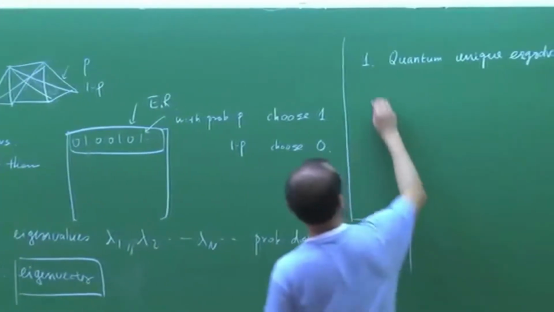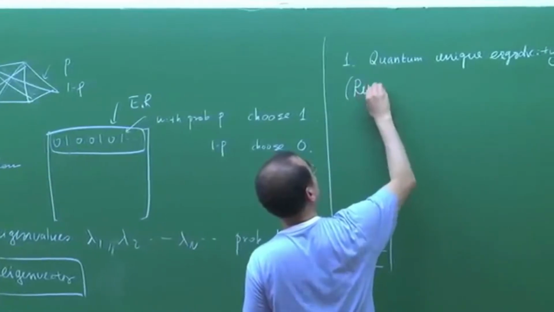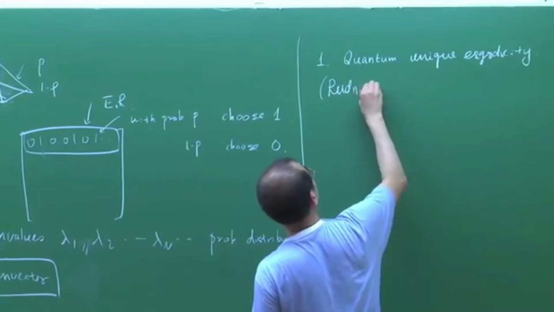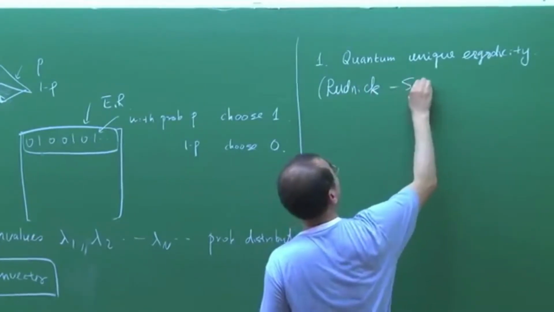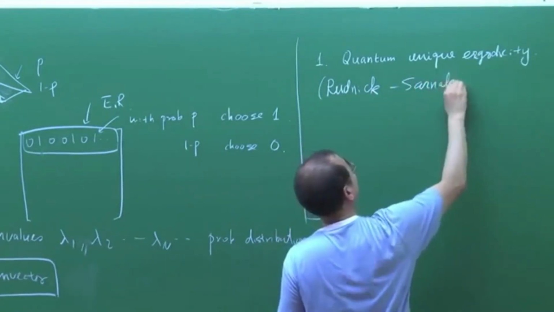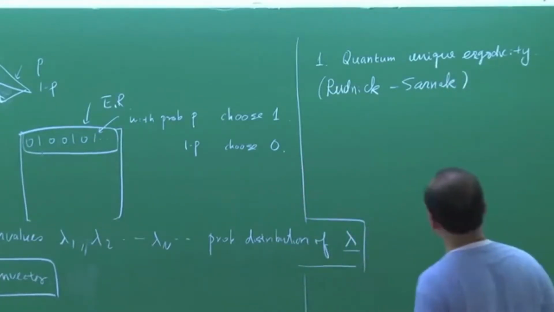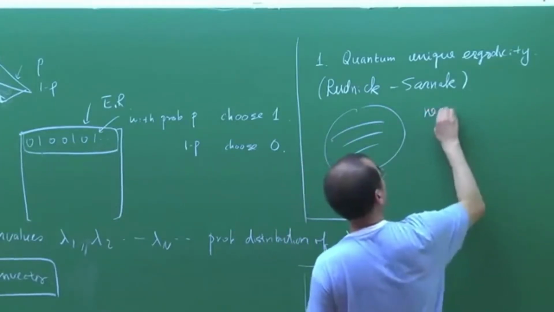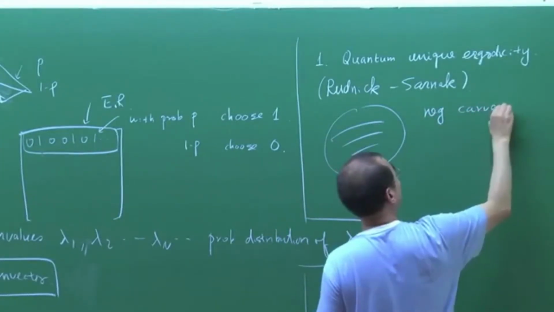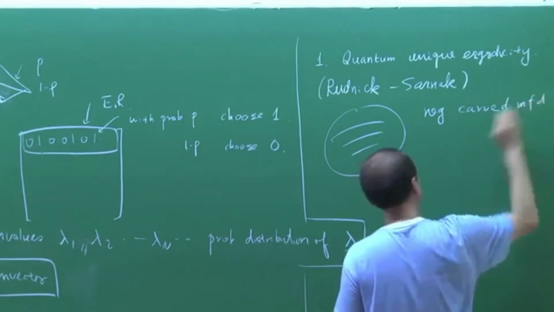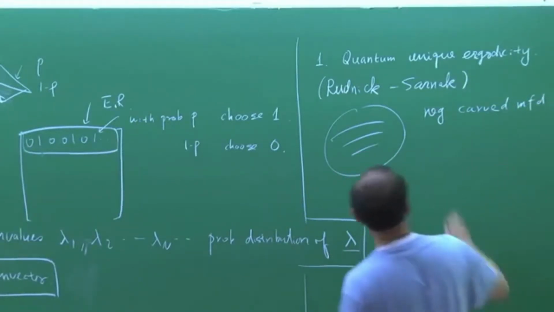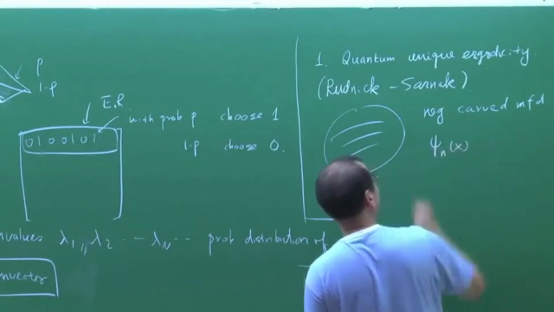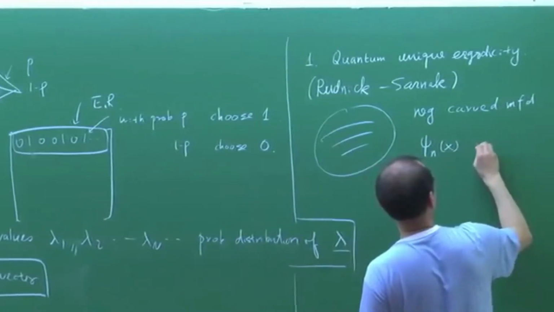This is by Rudnick and Sarnak, R-U-D-N-I-C-K I guess, S-A-R-N-A-K. The original conjecture is on a manifold of negative curvature. The conjecture is that if you take a manifold of negative curvature, then the eigenfunctions are uniformly distributed.